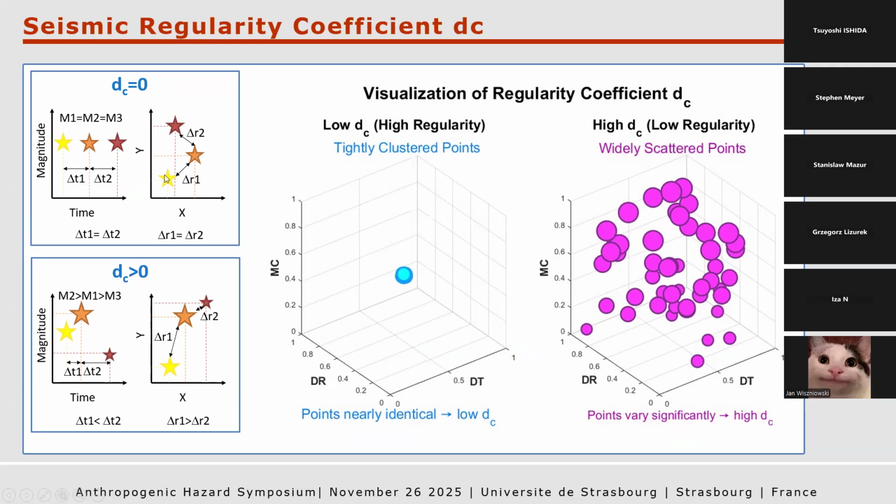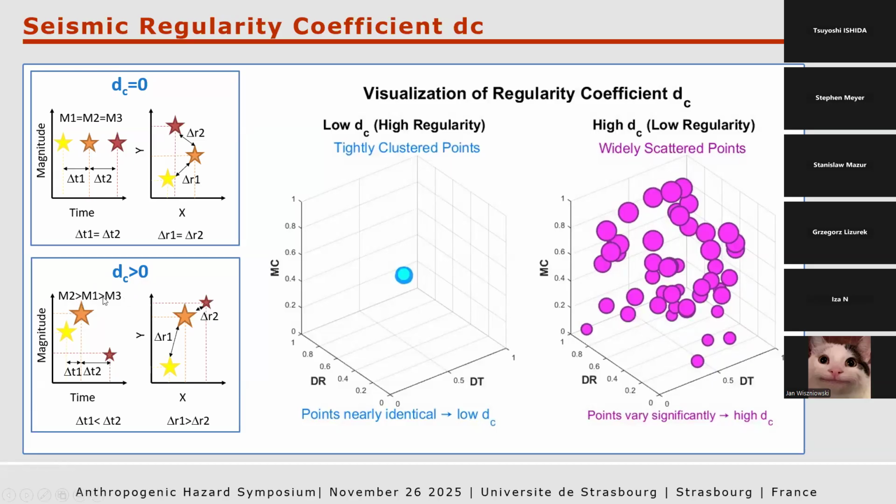They occurred with the same inter-event time, and they occurred with the same inter-event distance. When we want to plot them in the 3D space, the 3D graph of magnitude, distance and time, they form very clustered points.